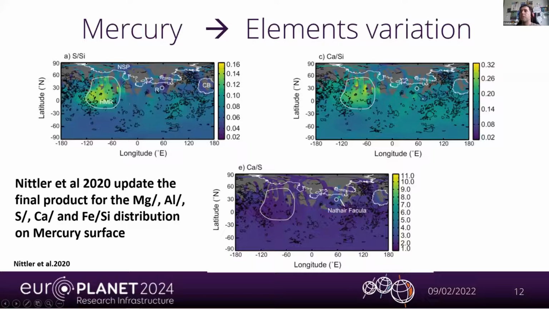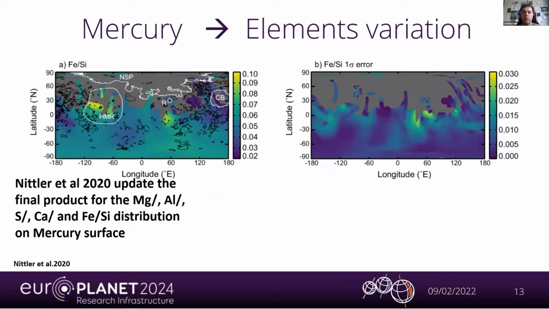But if we look at the map of calcium and sulfur, in reality what we clearly see is that there is a slight enrichment, but not so much in calcium, while there is a region with a strong depletion in sulfur. And so even this is peculiar information that still has to be deeply investigated, but gives us some, we could say, fascinating reason to study Mercury better with the following mission.